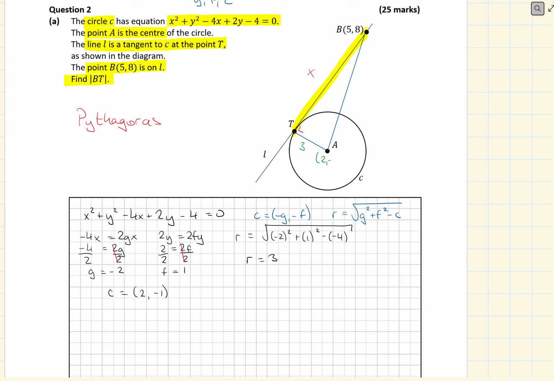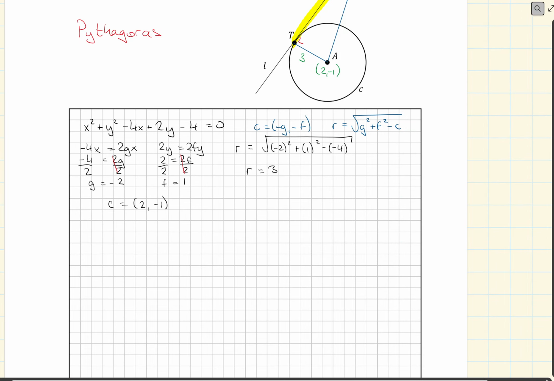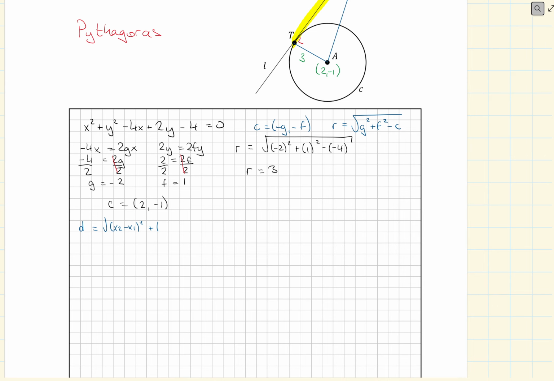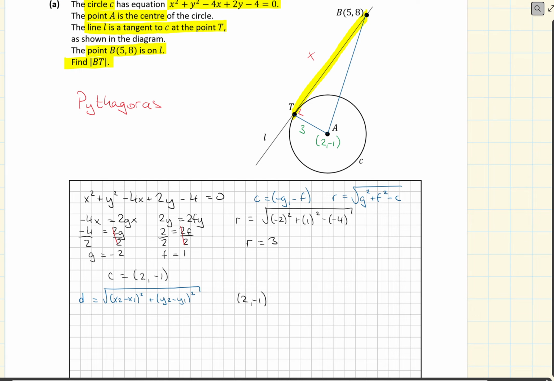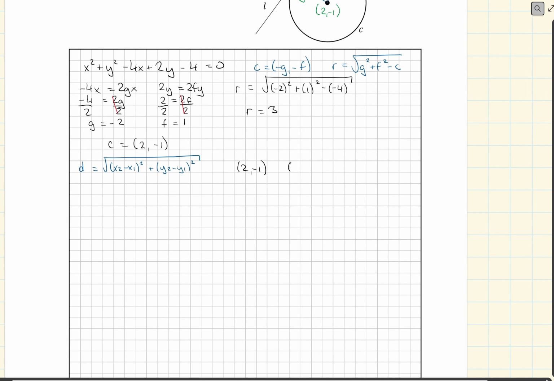We've now found our coordinates of A, and my next thing to do is get the distance from A to B. So now we're looking at equation of a line, distance formula, so that's the square root of (x2 minus x1) squared plus (y2 minus y1) squared. The centre we know is (2, minus 1), and the coordinates of B is (5, 8).